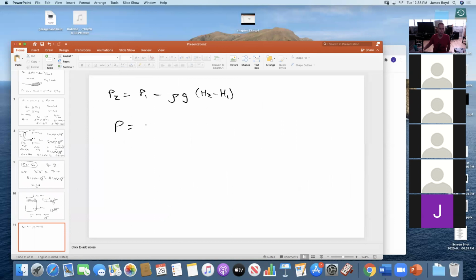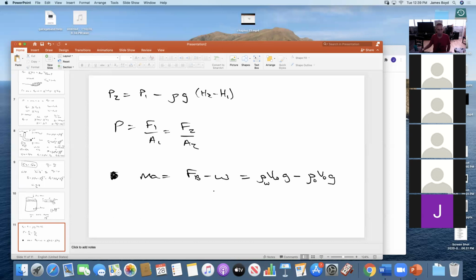Remember that Pascal said F1 over A1 is equal to F2 over A2. Remember that buoyancy, the net force, MA, for an object that's floating is equal to the force of buoyancy minus the weight, which is the density of the fluid times the volume of water displaced times G, minus the density of the object times the volume of the object times G. Whatever the density of the water happens to be.